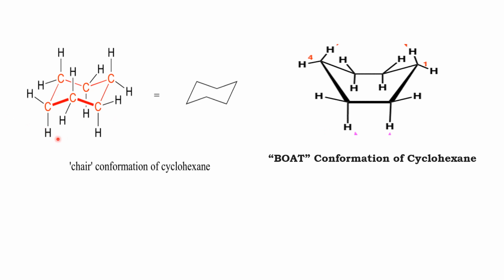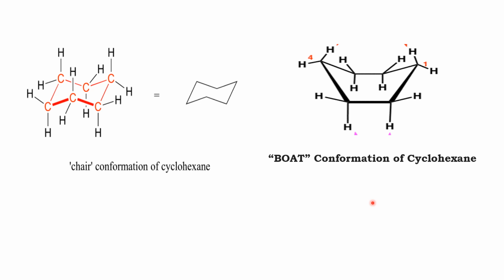In chair conformation, the molecule is arranged in such a way that it looks like a chair. And in boat conformation, the extreme carbon atoms are arranged in such a shape that it looks like a boat. So the two extreme conformations of cyclohexane are identified as chair conformation and boat conformation.